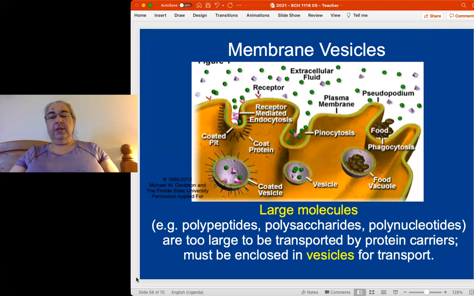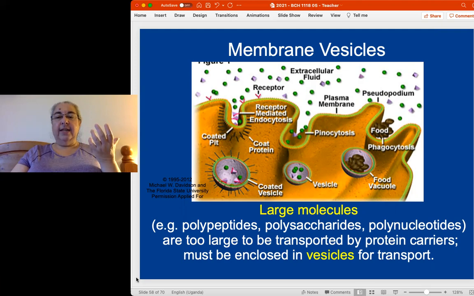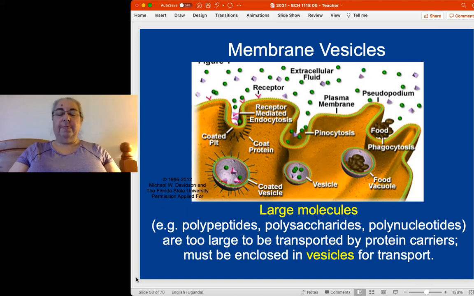Okay, so the question we're asking here is how can we transport very large molecules from one side of a cell membrane to the other, from outside to inside or inside to outside? Examples of the sort of molecules we might want to transport are polypeptides or polysaccharides or polynucleotides.